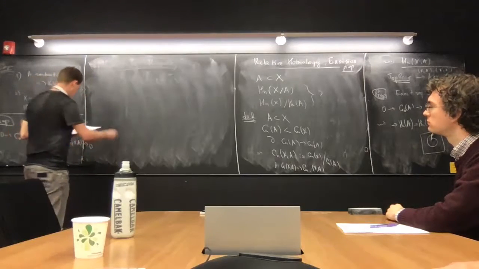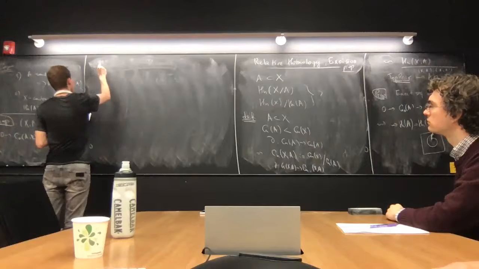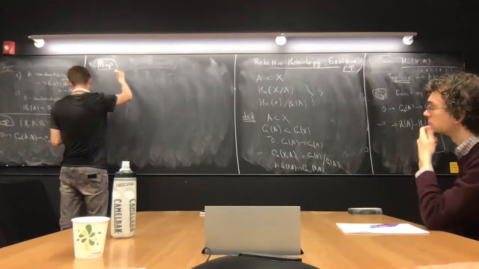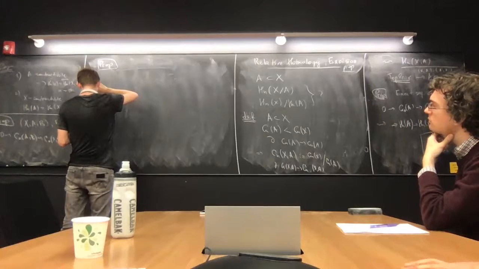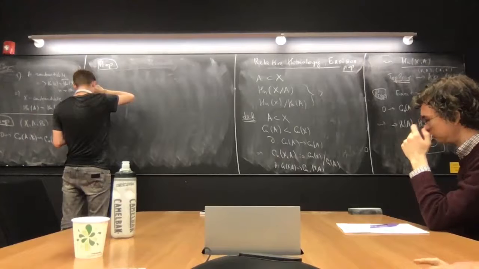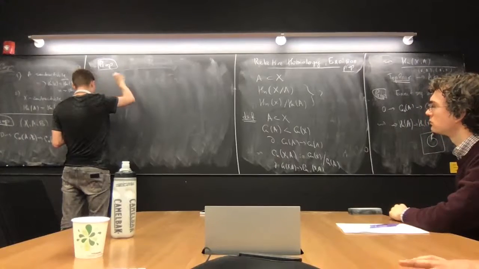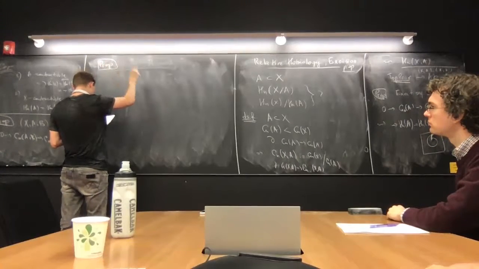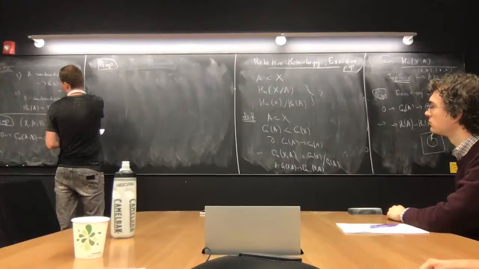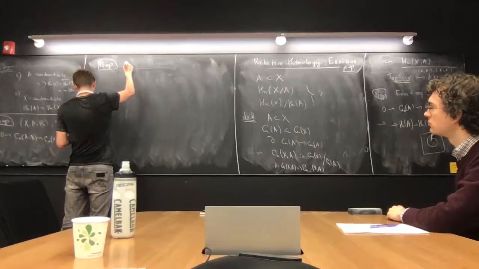Okay, so proposition. This is the main theorem here. It's called the homotopy property. Oh, sorry, not the main theorem. We already did the homotopy property, but this is the homotopy property for relative homology.